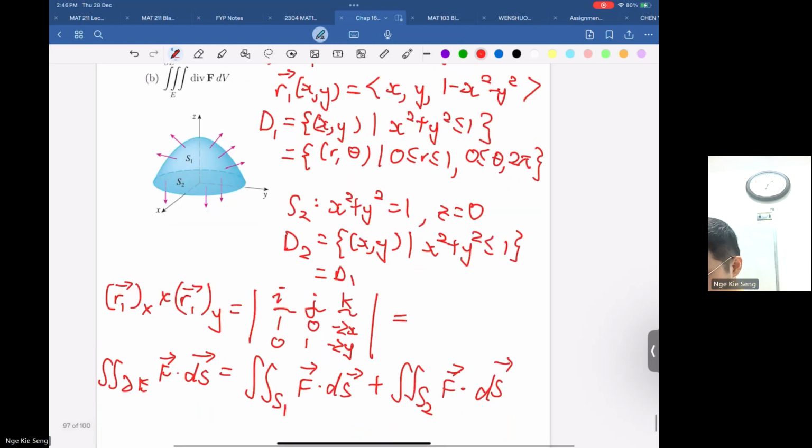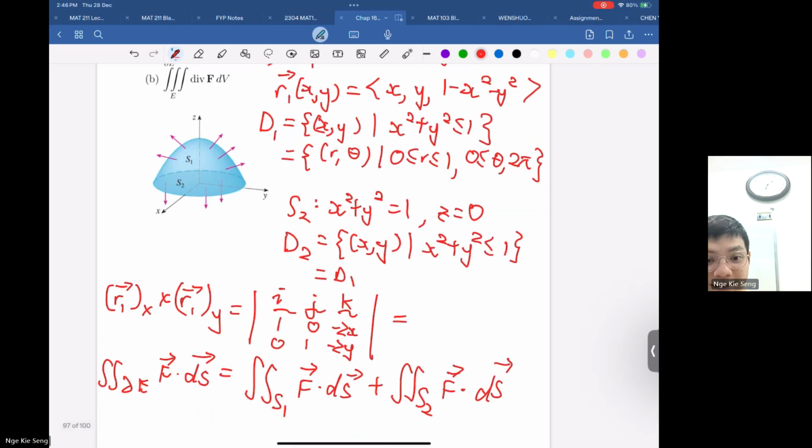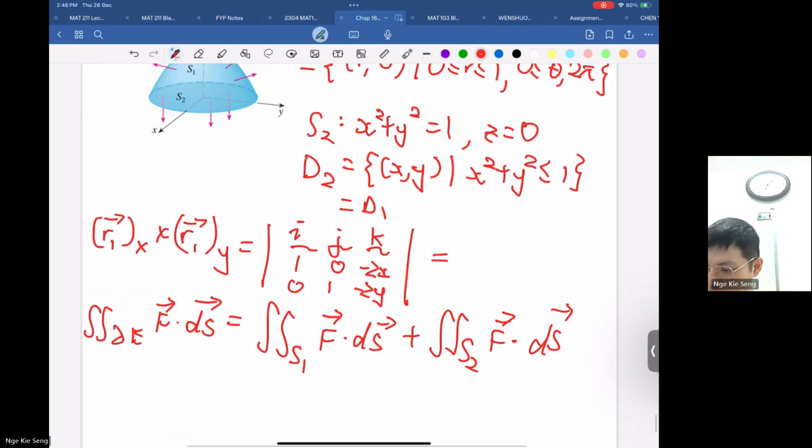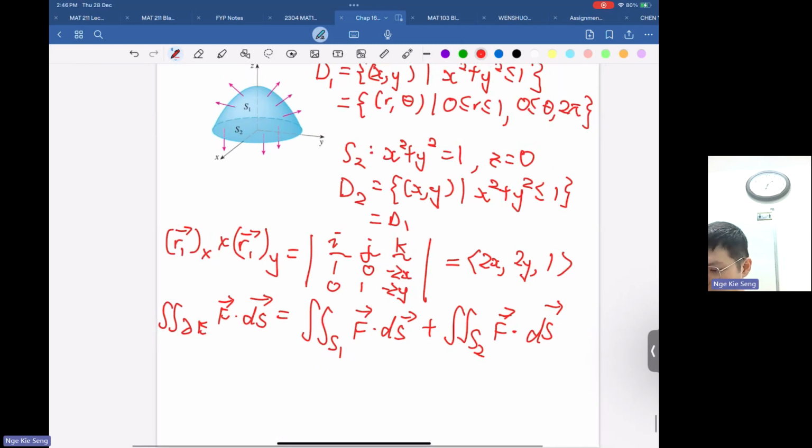What is this cross product? It's 2x, 2y, 1. So this is positive, going up, going outward. So this is good.